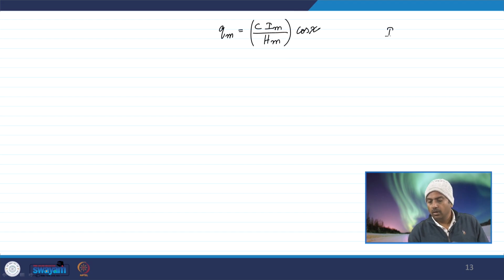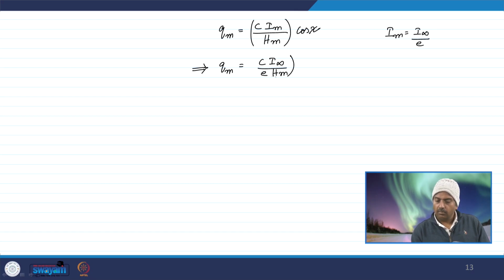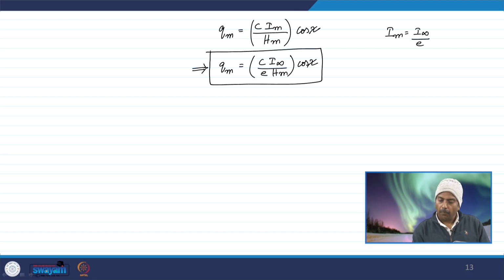But we know Im is I infinity by E. So, we can write Qm is equal to C I infinity divided by E Hm times cos chi. Okay. So, Qm, what is Qm? Qm is the peak production rate or production rate at the peak.